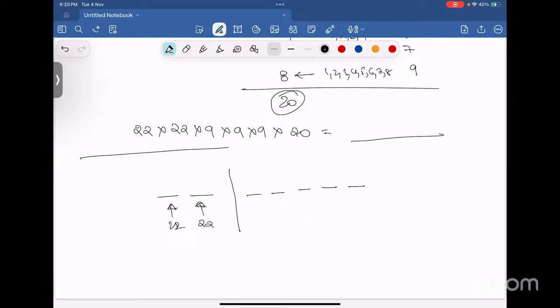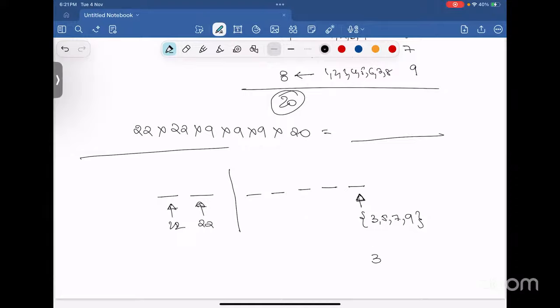So how do we do this? There is a restriction on the last two digits, I think we should start from here. So this has 3, 5, 7 and 9 as its possibilities.